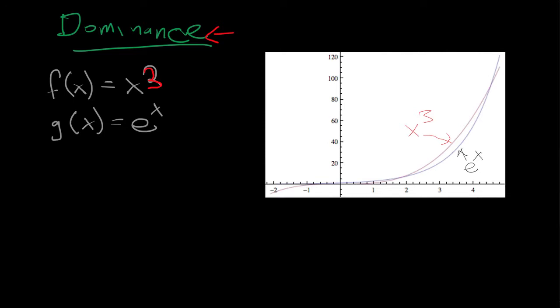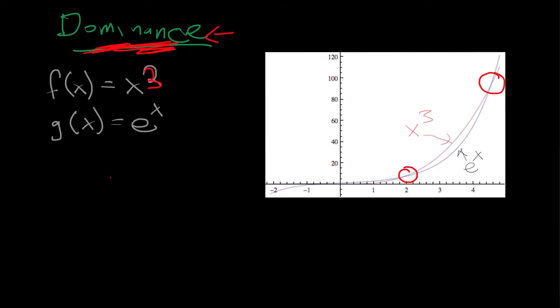Notice there's an intersection point here, and x to the third is larger than e to the x, but there comes a point when e to the x dominates the situation and is always going to be bigger. So that's what we mean by dominance.